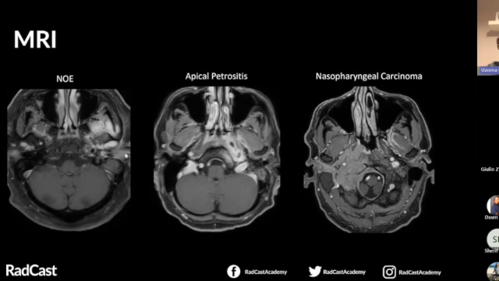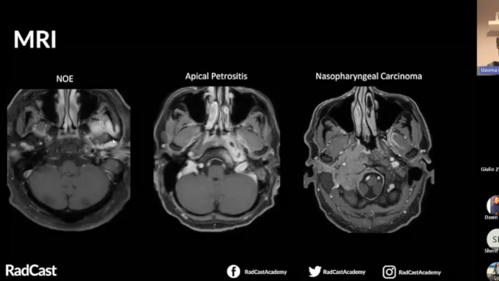So you have your EAC thickening and enhancement, and it very characteristically diffusely spreads into the deep neck spaces. So this is in the masticator space, and you've got some enhancement in the petrous apex. So there'll be some skull-base osteomyelitis going on here. This is apical petrositis. Got this thickening in the nasopharynx, and again, there's some involvement of the clivus.